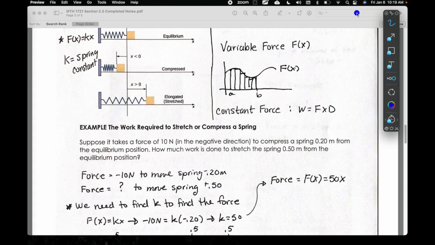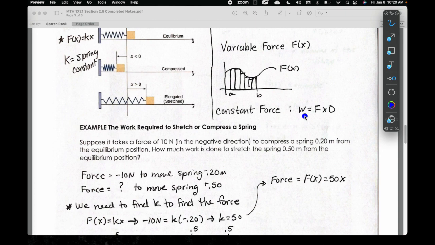When we're working within the English system, the unit for force is going to be the pound, and distance is going to be feet. So for work, if force is pounds and distance is feet, then when we multiply that, the unit for work is the foot-pound.